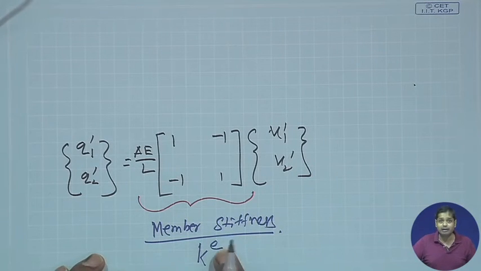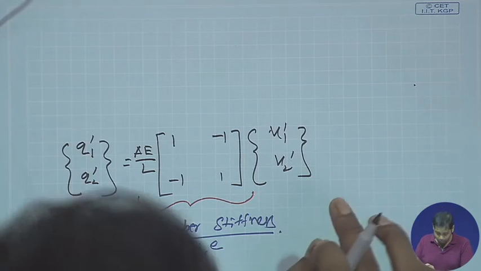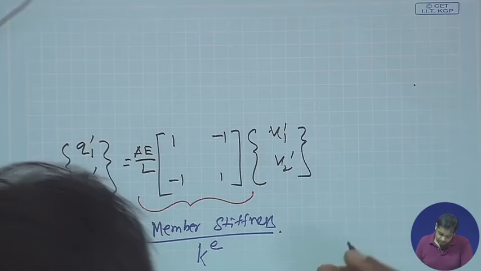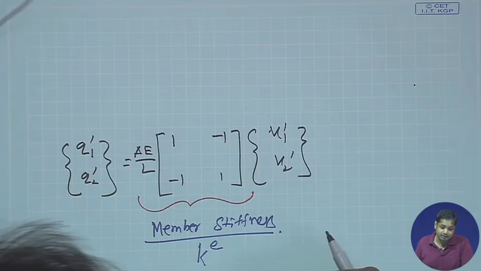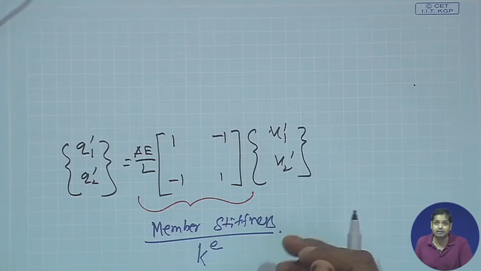Ke for element. I am not using the term element right now, because in a subsequent semester there will be another course on the finite element method, which is a more refined version of this direct stiffness method, and there those terms are used.